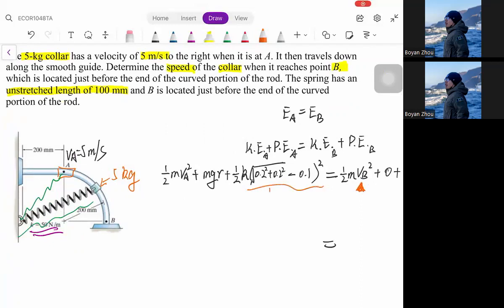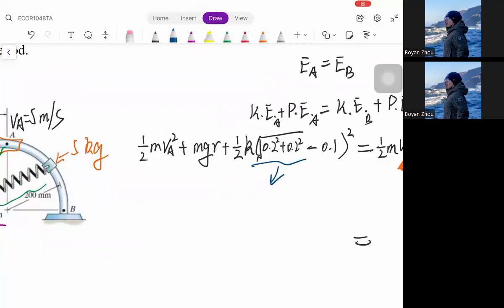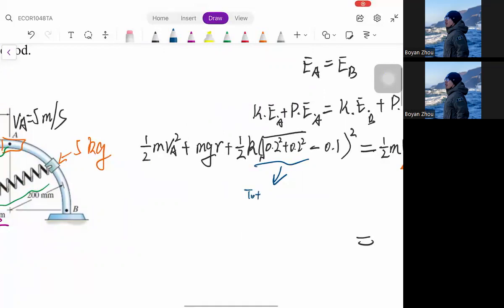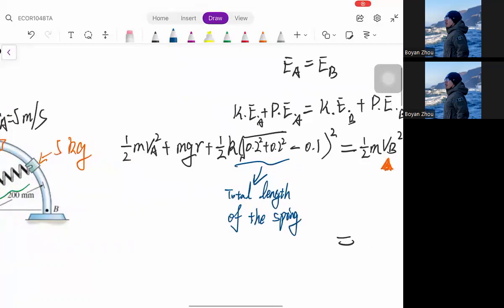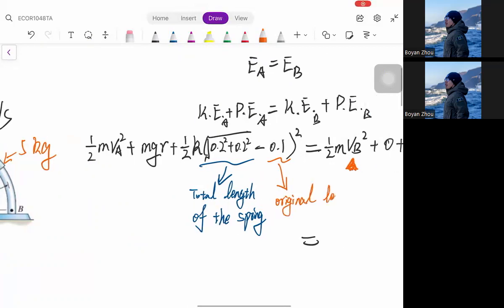I'm just gonna write down what this is. So this one, the square root of 0.2 to the power of 2 plus 0.2 to the power of 2, is the total length of the spring. And the 0.1 here is the original length of the spring.